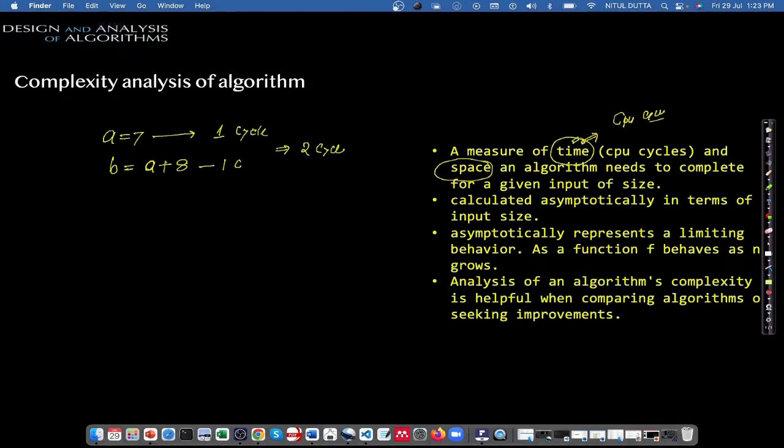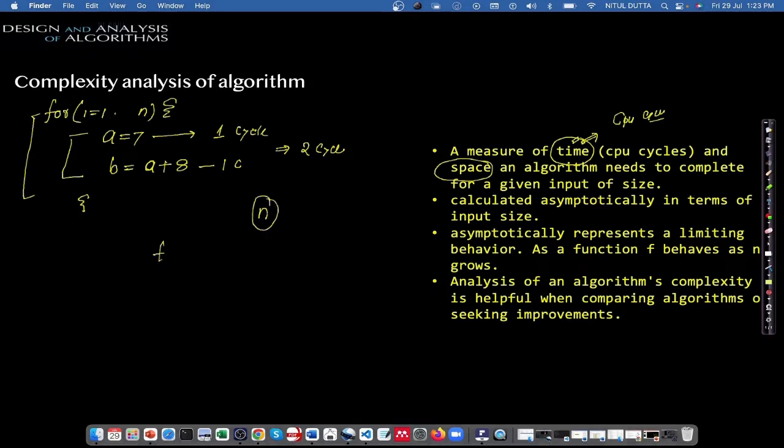But suppose I give a loop here, i = 1 till n, and I write these two statements within the loop. Now the time required to complete this loop depends upon the value of n.